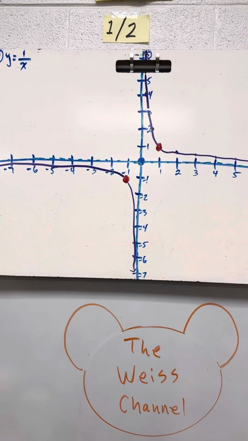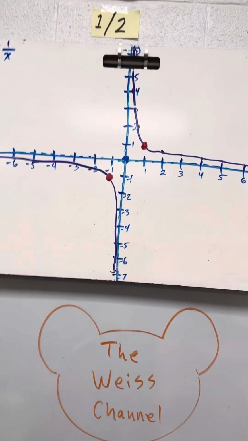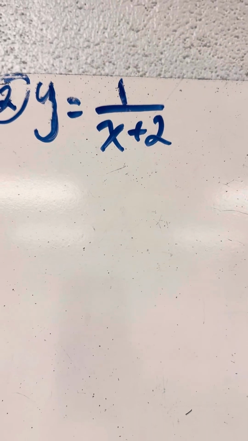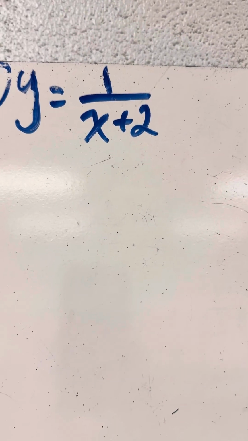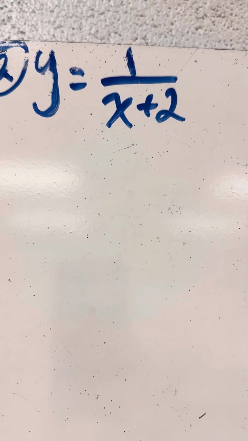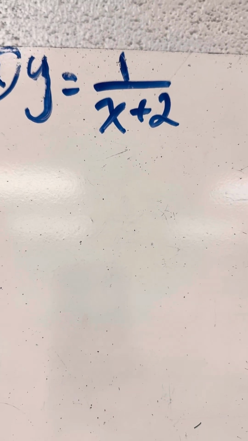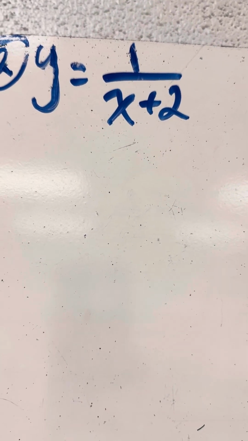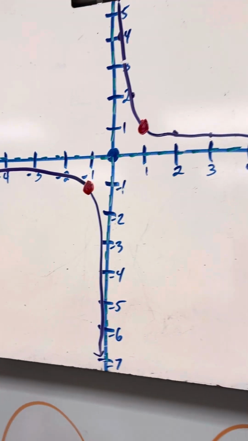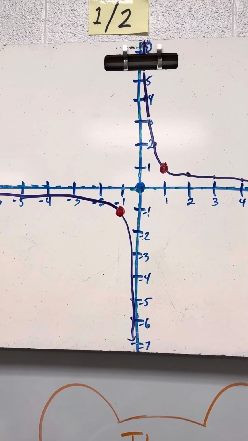So here's all you have to do in the Delta Math assignment. If you have a problem that looks like this, 1 over x plus 2, what will make the bottom 0? The bottom will be made 0 if you put in negative 2, right? So your original problem on Delta Math will look like this.